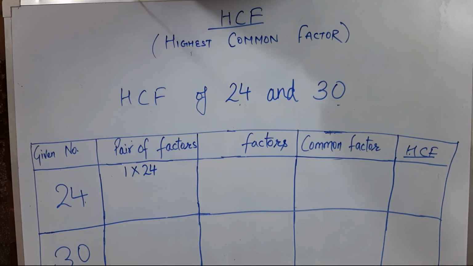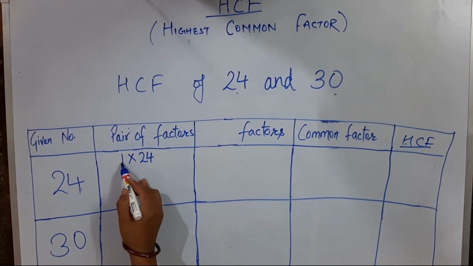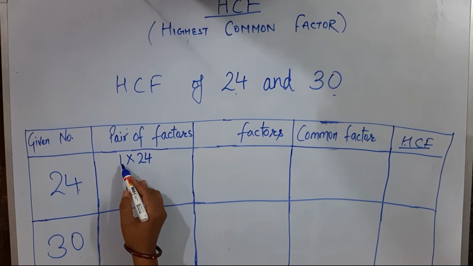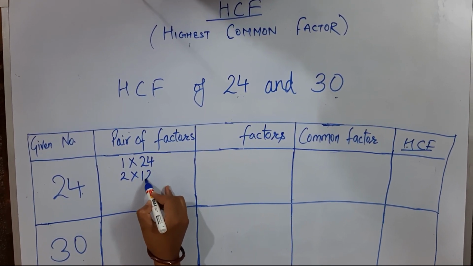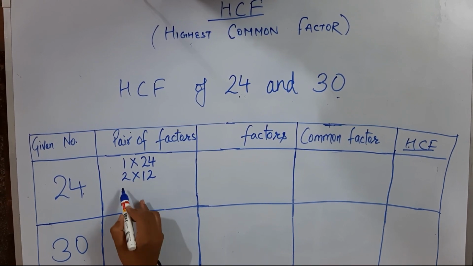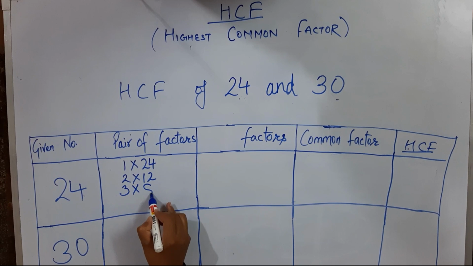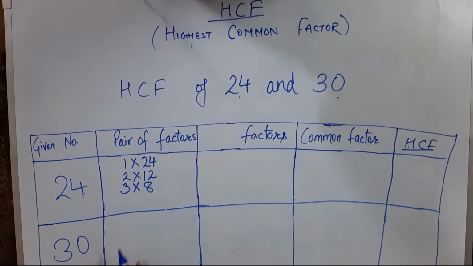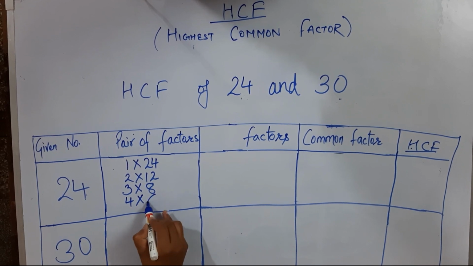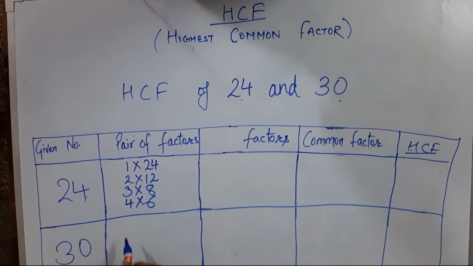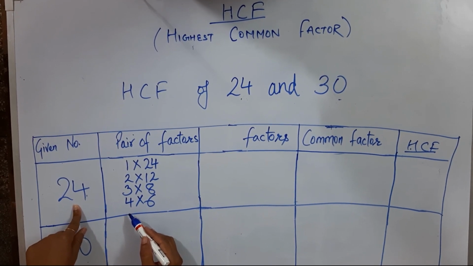24 comes in the table of 1. Every number comes in the table of 1, so 1 is always a factor of every number. After that 2. 2 multiply 12 is 24. After that in 3's table 24 comes. 3 8 ja 24. After that 4 6 ja 24. Then in 5's table 24 doesn't come.